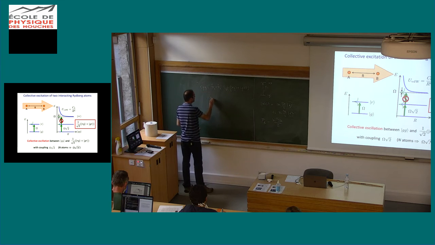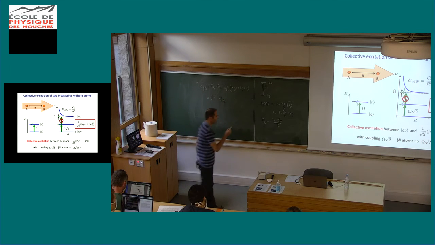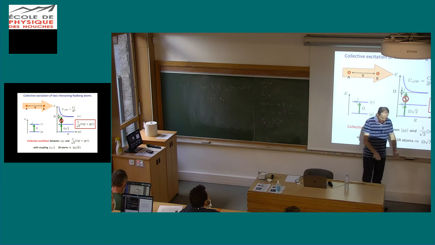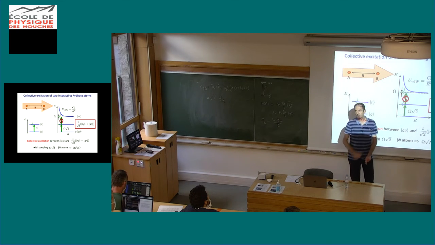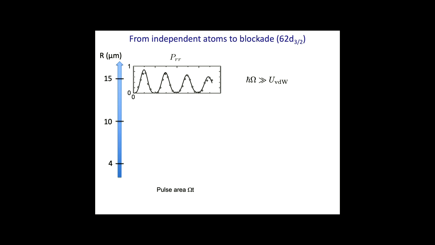And we said that this was equal to square root of 2 times the matrix element coupling g and r. So what we expect in this case is that the system behaves completely collectively, two atoms in the ground state, or one of the atoms excited, this excitation being shared between the two atoms, because this is an entangled state. Let's do the measurement.